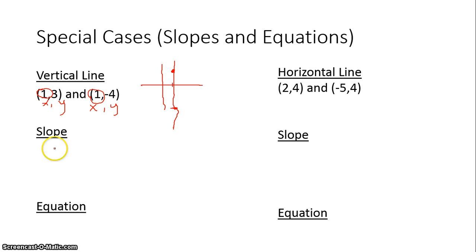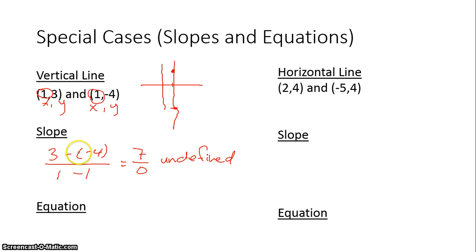Now our slope here, using our y1 minus y2 over x1 minus x2, I have 3 minus -4 over 1 minus 1. And what you see that gives you is a 7 over 0. So the slope for a vertical line, given that you can't divide anything by 0, is undefined.